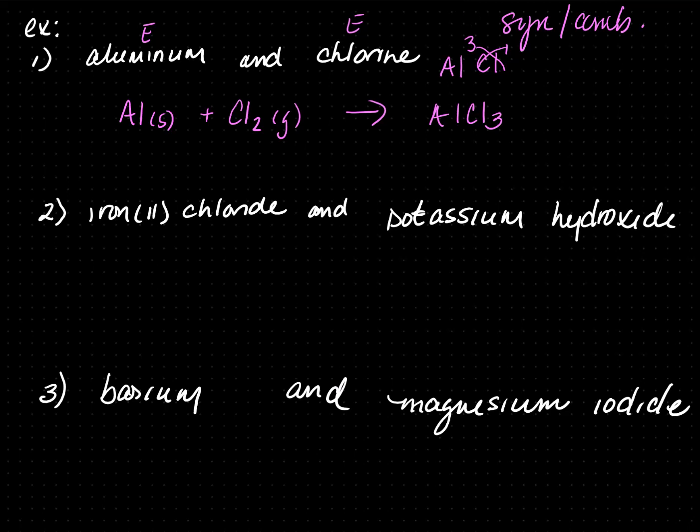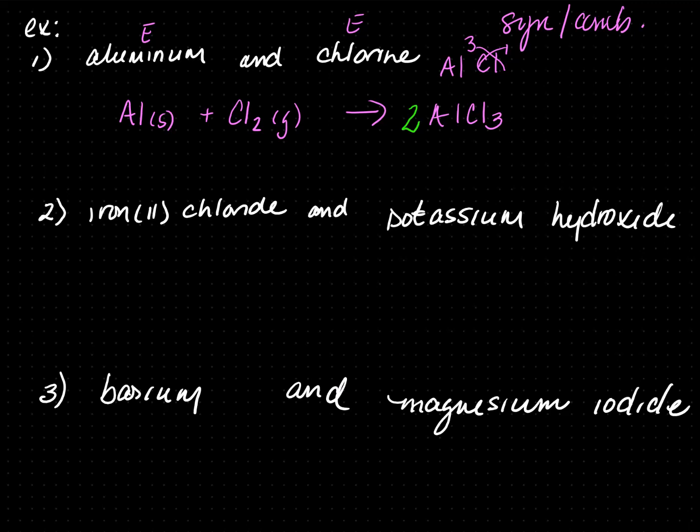The Als are balanced. We have an Al on both sides, but the chlorines are not. Since one side has 2 and the other side has 3, we need to find a common factor, which is 6. I'm going to multiply the product, AlCl3, times 2.